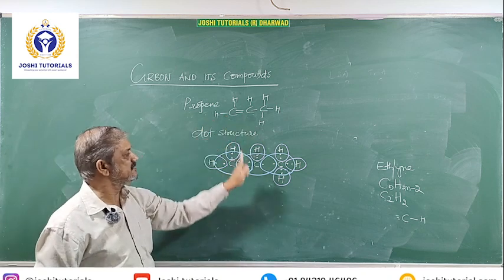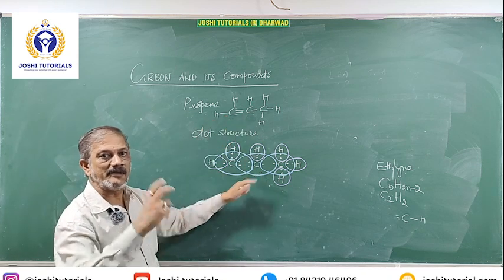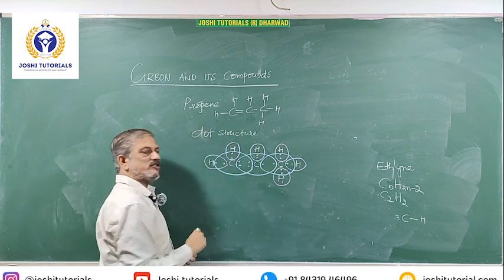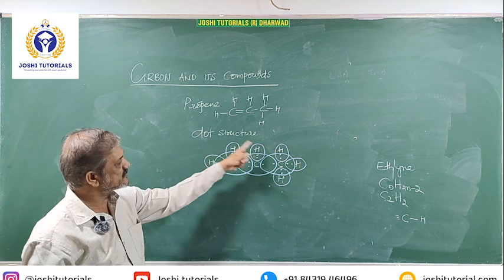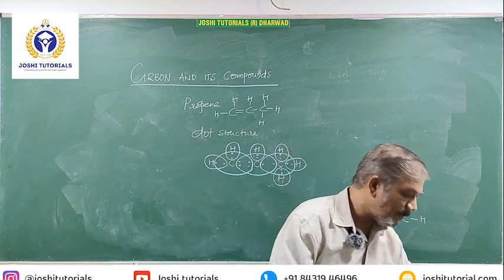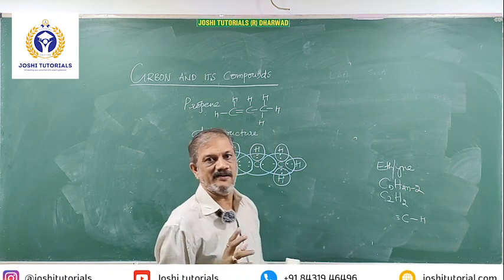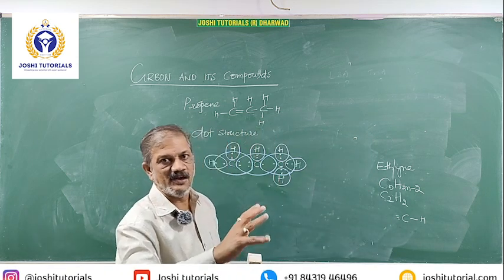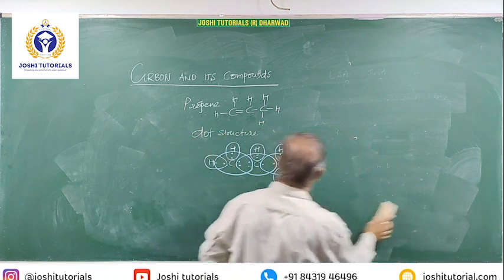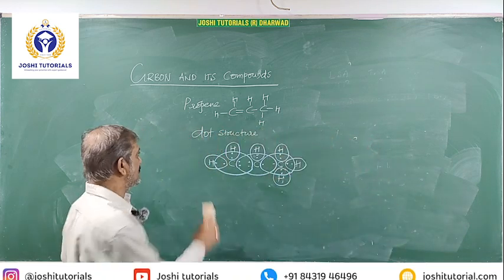Unless you write this, sometimes you may commit mistakes. So when they ask the electronic dot structure, please try to understand this much. Usually they ask the questions from within this. In higher studies, they ask some other questions. This is about the dot structure.